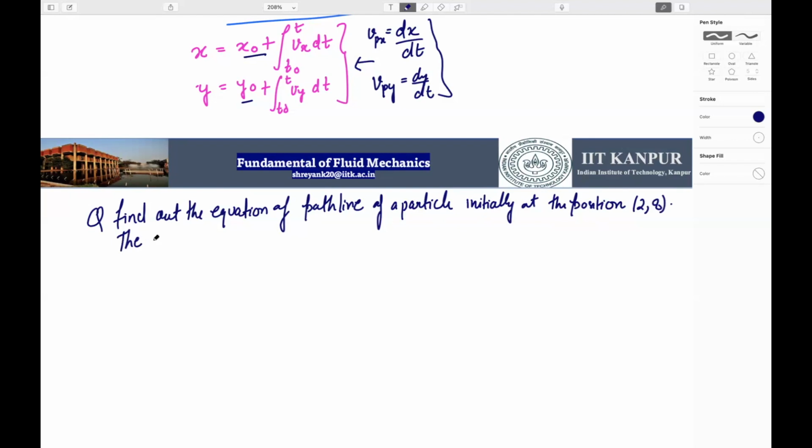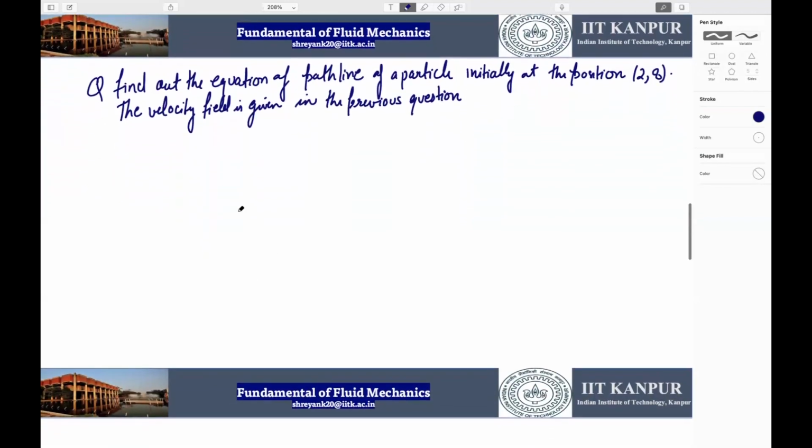The velocity field is given in the previous question.